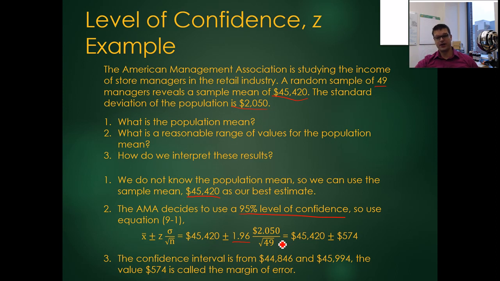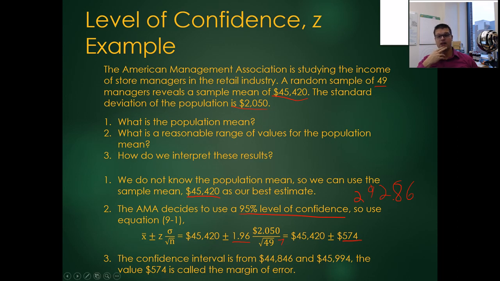The square root of 49 is 7, and so 2050 divided by 7, I can calculate that really quick, is going to be $292 and 86 cents. Okay, so then you multiply that by 1.96, and more or less what that gives you is 574 above or below 45,420.